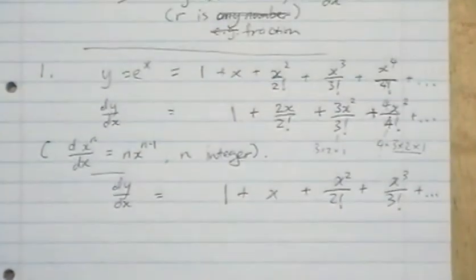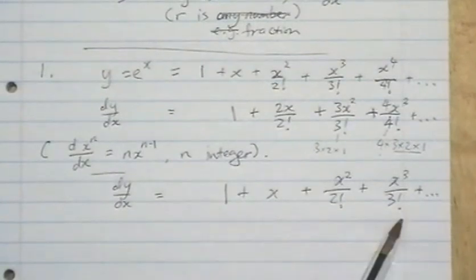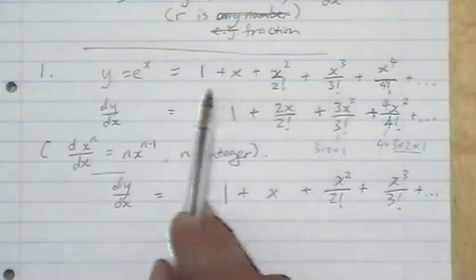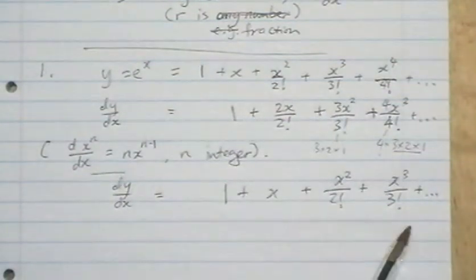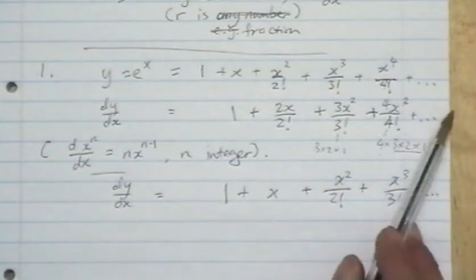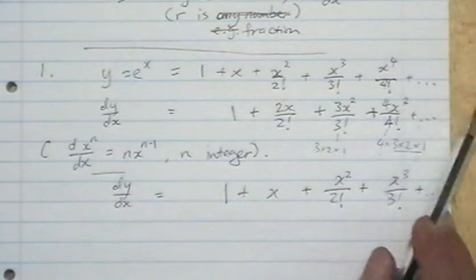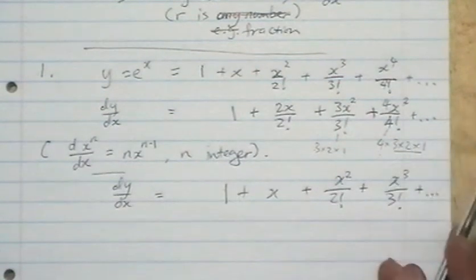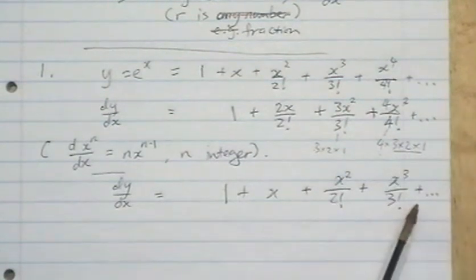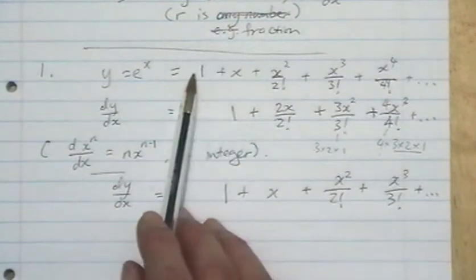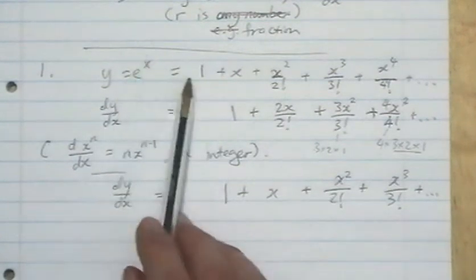If we now compare this with e to the power of x, you see that the first 4 terms are exactly the same. And no doubt if we carry on writing the next term and the next term and so on, they would all be the same as the terms in e to the power of x.